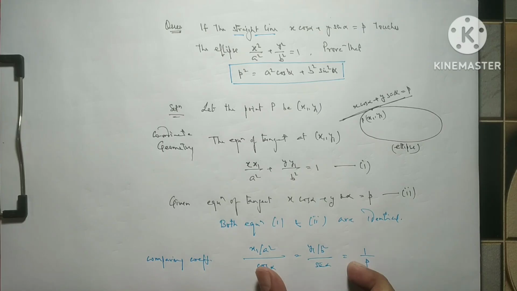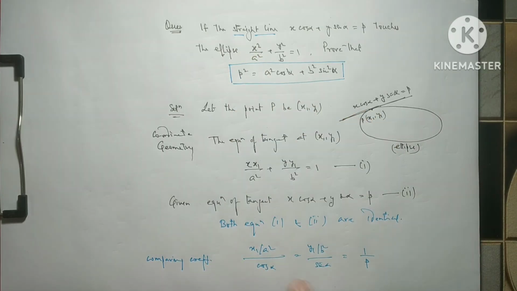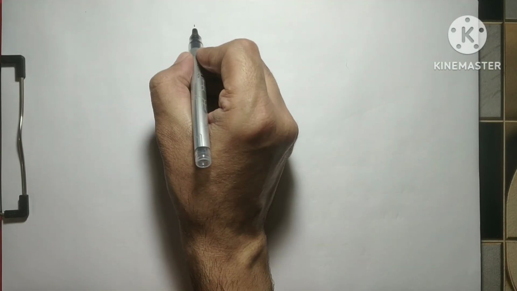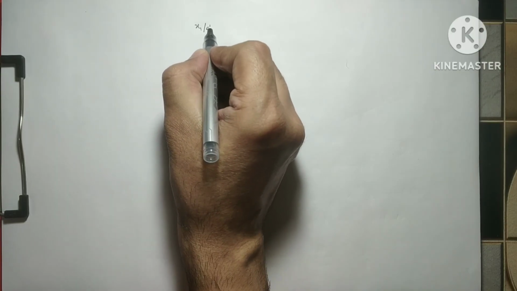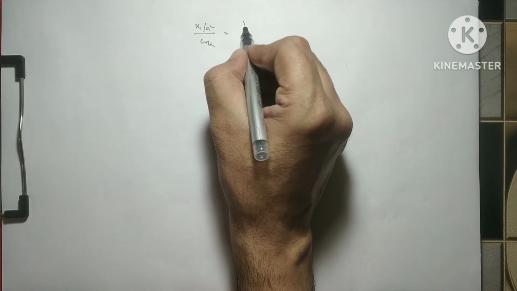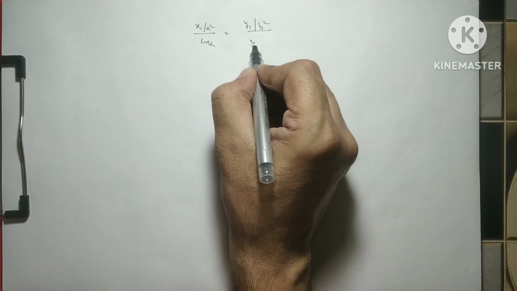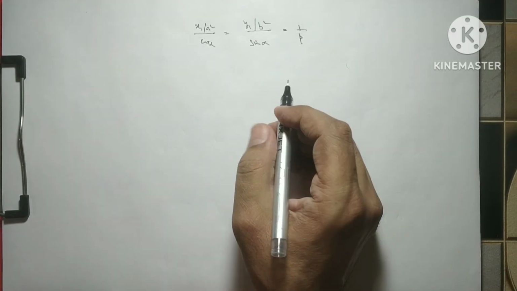So right now we want the result. This is the ratio of x over a. So we will collect the values of x1 over a from this. So we have x1 over a square over cos alpha, y1 over b square over sin alpha equals 1 over p.